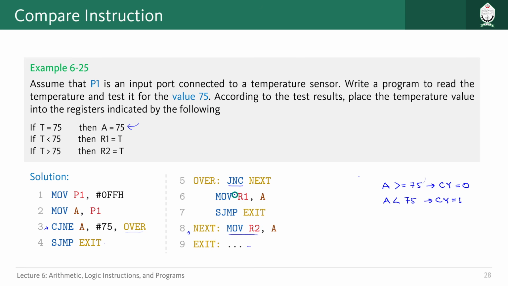And if there is any carry, then we will skip this label and move to this next line, meaning that our carry is equal to 1 and the value is less than 75. In that case, we have to store the value onto R1, which is what we have done. Then we can short jump to exit. This is how it works.